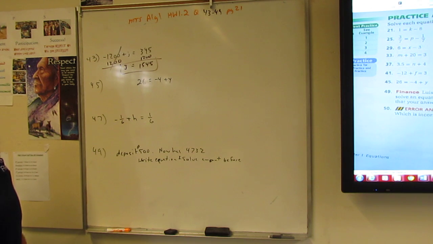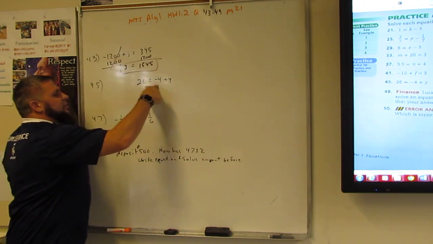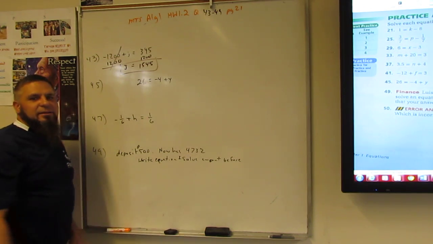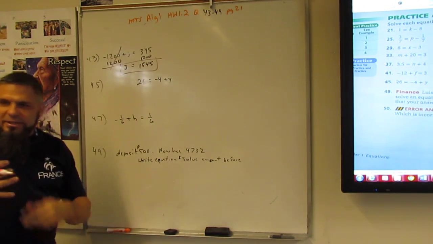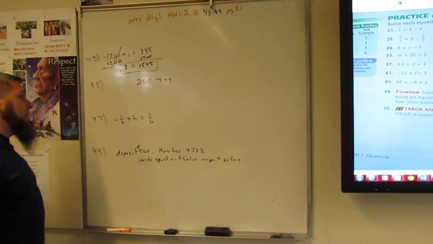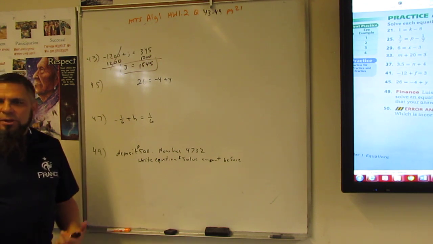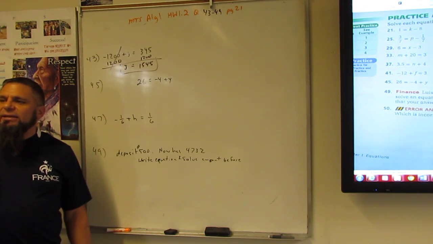Okay? Let's do the next one. 26 is equal to negative 4 plus y. Now the y's and the 4's look really close to each other, so you have to be careful when you're writing them, right? What is the opposite of adding a negative 4?